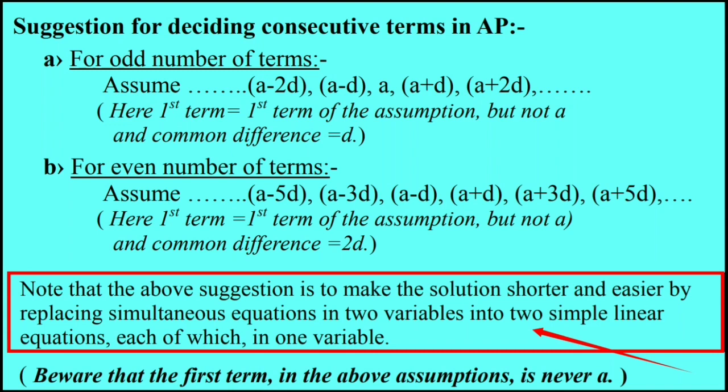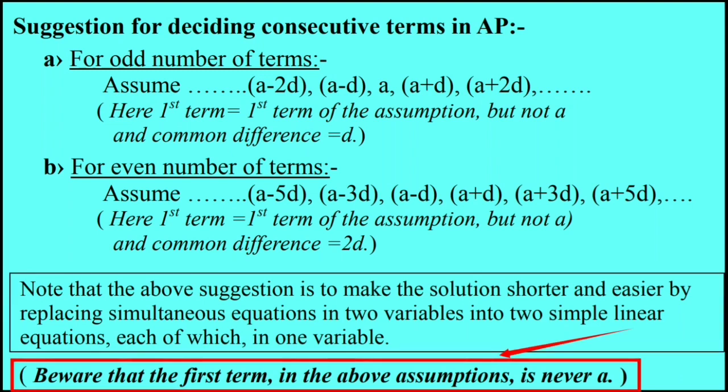And it's obvious that if we get an equation in one variable only, and that too in linear form, then obviously the calculation becomes very easy. In fact, the solution becomes very easy. And here the last but a very important statement: we must not forget that in this kind of suggested assumptions, the first term is never A.